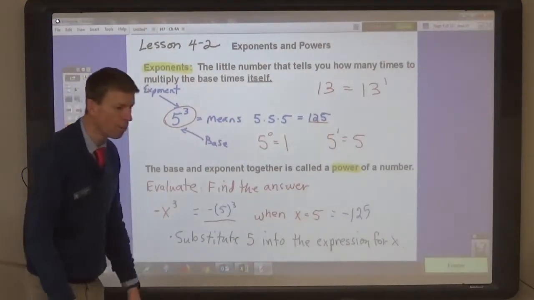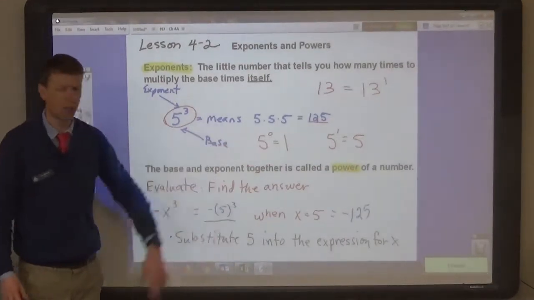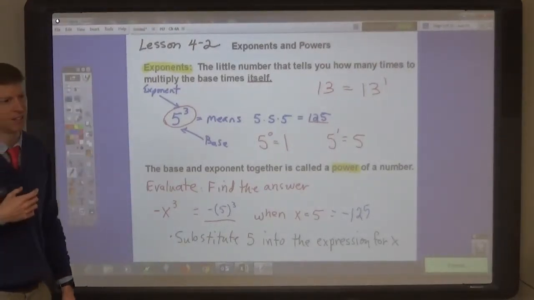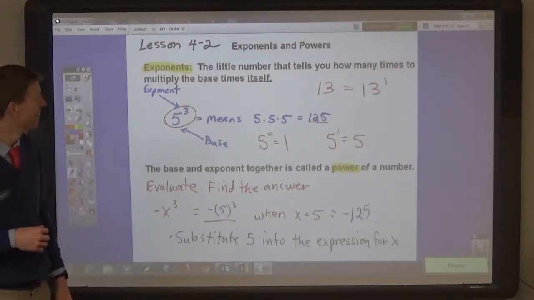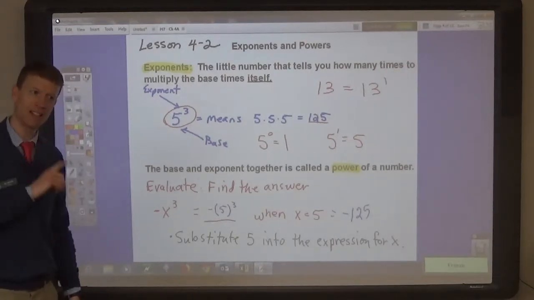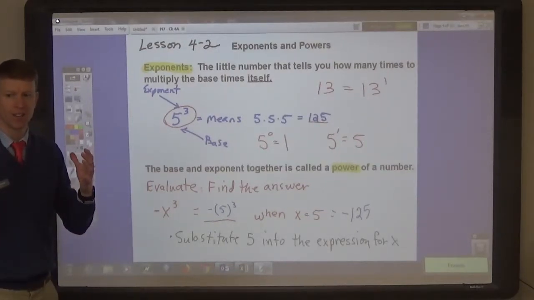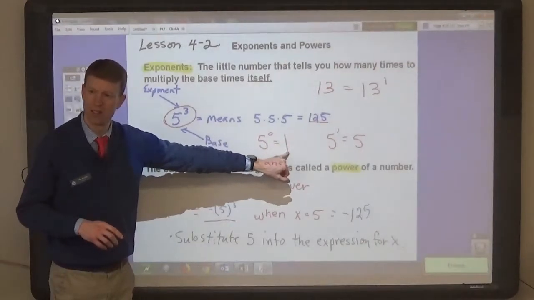What about the 0 power? There is a rule for the 0 power. Do you know what the 0 power rule is? Liv? Times it by 0? No, not times it by 0. It's just automatically 0? Any number to the 0 power equals 1.